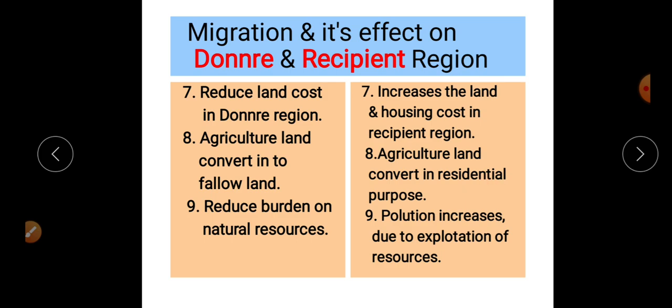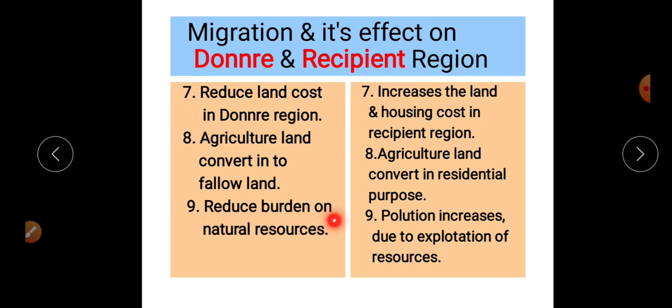We also observe SIDCO and HUDCO in the outside area of the urban center, which occupy agricultural land for residential purpose.